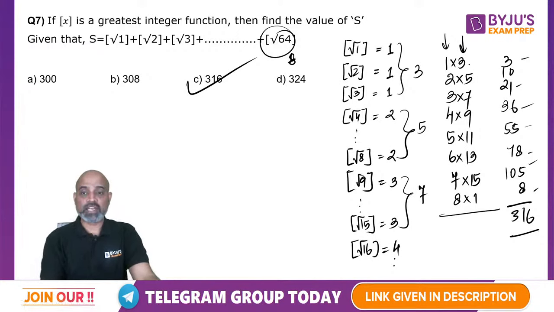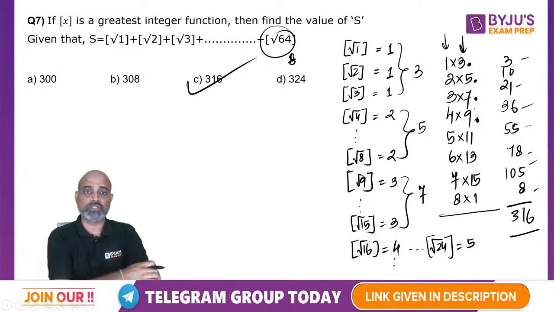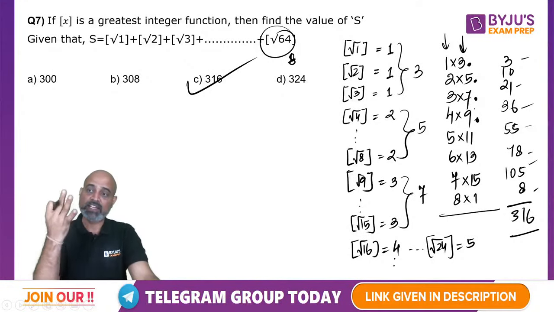Varun, I was looking at the pattern. That's how I decided what should come after 3, 5, 7: 9. I don't know if it is going to be 9 unless I actually count it. From root 16 to root under 25, we get 5, because the greatest integer function of square root of 25 will be 5. Count 16, 17, 18, 19, 20, 21, 22, 23, 24, that's 9, right?